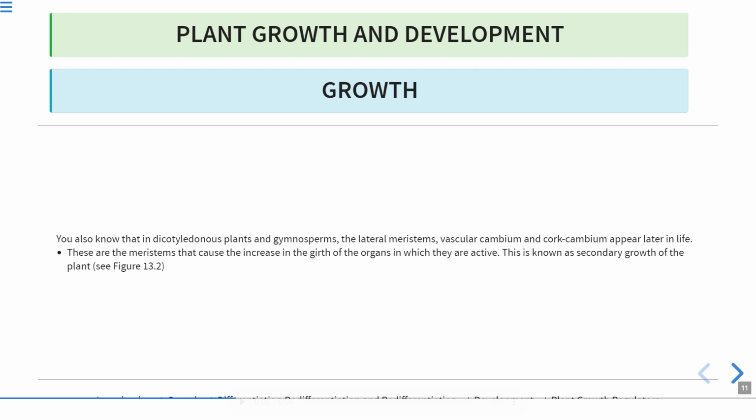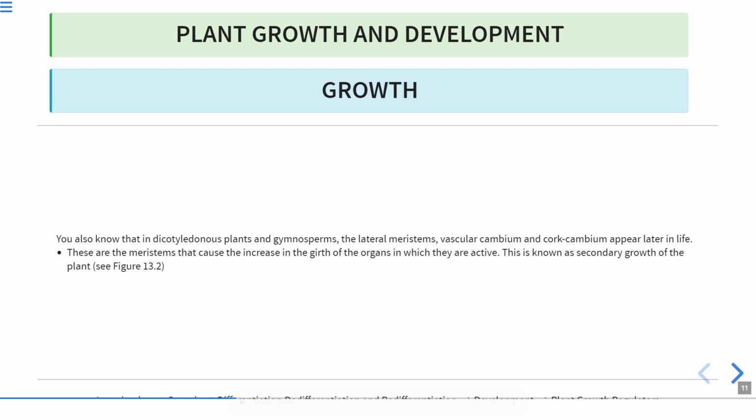So you also know that in the dicotyledonous plants and the gymnosperms, the lateral meristems, vascular cambium and cork cambium, appear later in life. The lateral meristem is the cambium that is present in between the vascular bundles.